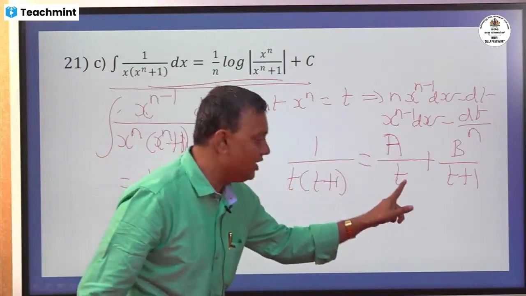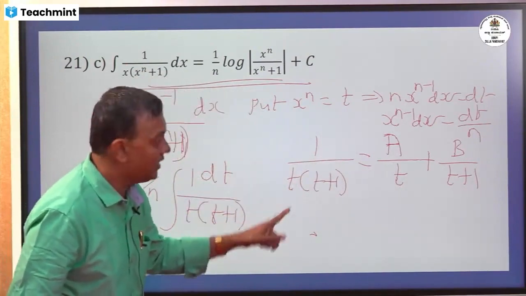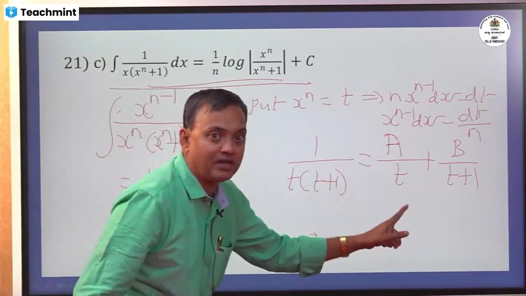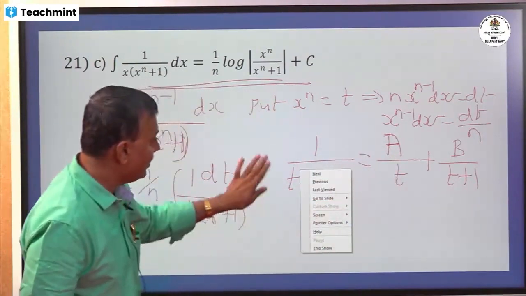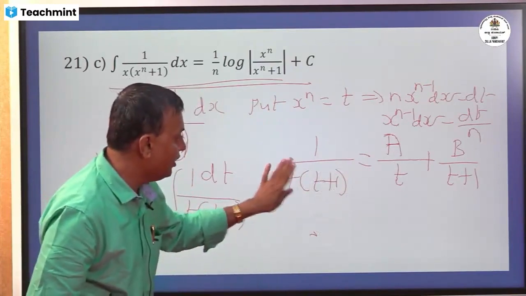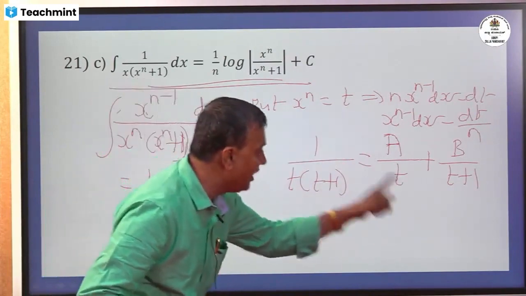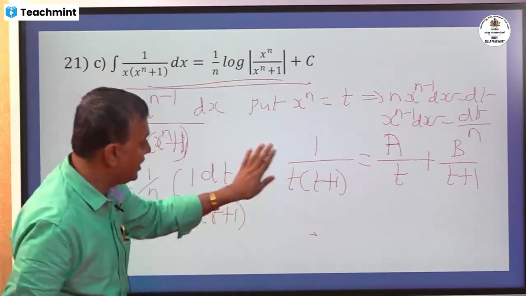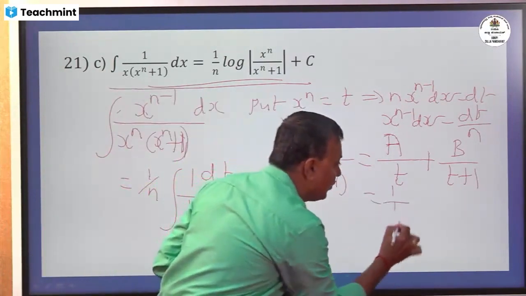To find a, put t equal to 0, substituting in the left hand side except the factor which is a's denominator. Here we exclude t equal to 0, because putting t equal to 0 there makes it not defined. Excluding the factor you made 0, put t equal to 0, we get 1. So a becomes 1 by t.